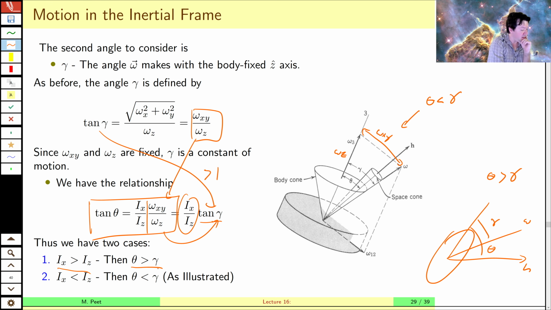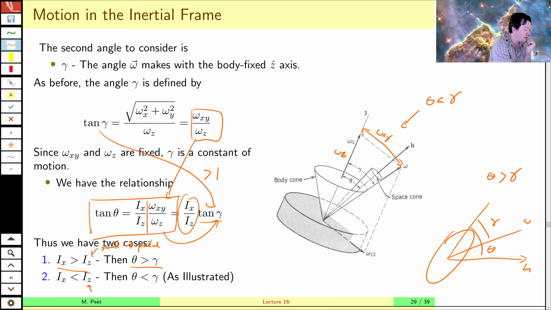So if Ix is greater than Iz, then we have the case of a prolate object, because the Iz in a prolate object is small, therefore prolate.